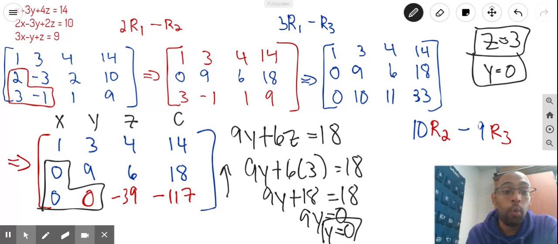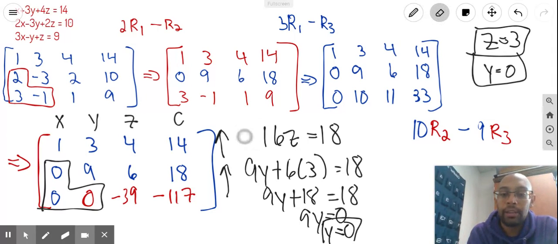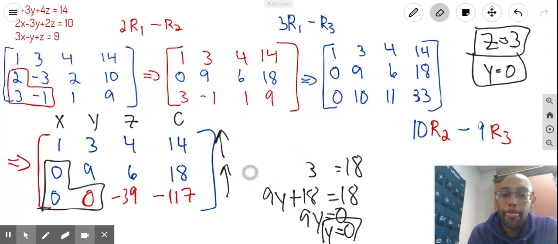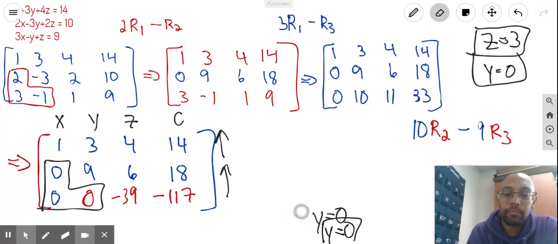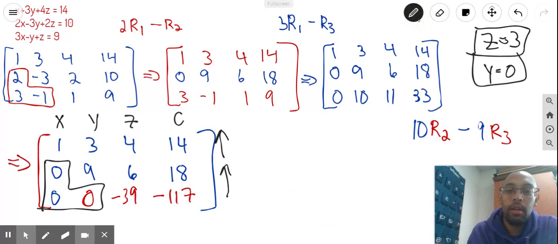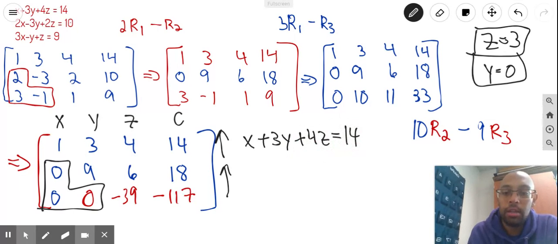And now that we know y and z, we move up one more row and we solve for x. So we have here x plus 3y plus 4z equals 14.